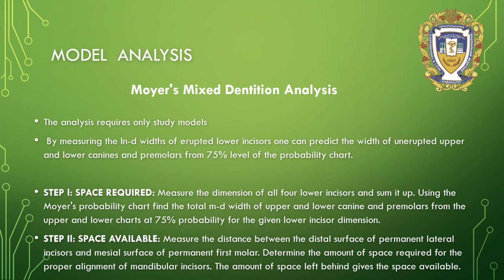Second step, space available. Measure the distance between the distal surface of permanent lateral incisors and mesial surface of permanent first molar. Determine the amount of space required for the proper alignment of mandibular incisors. The amount of space left behind gives the space available.